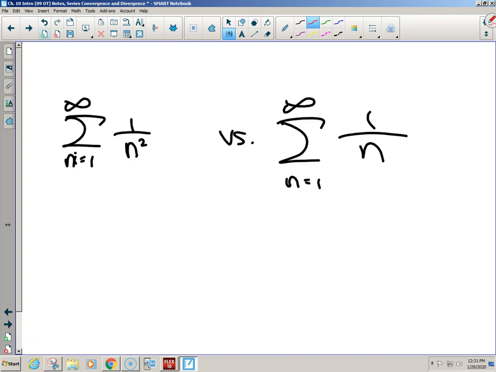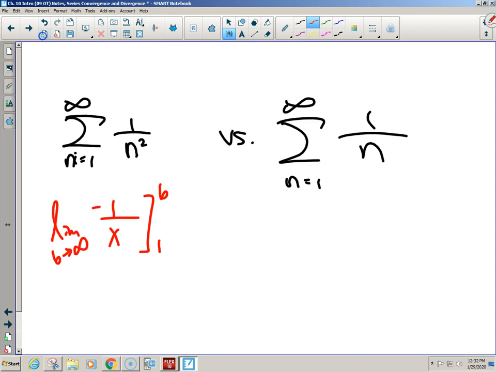Both positive, both continuous for x greater than or equal to 1. Both decreasing. As I go, the terms are going to get smaller because the denominator is getting bigger. Both meet the conditions for the integral test. The improper integral of this guy will lead me to negative 1 over x from 1 to b as b goes to infinity.